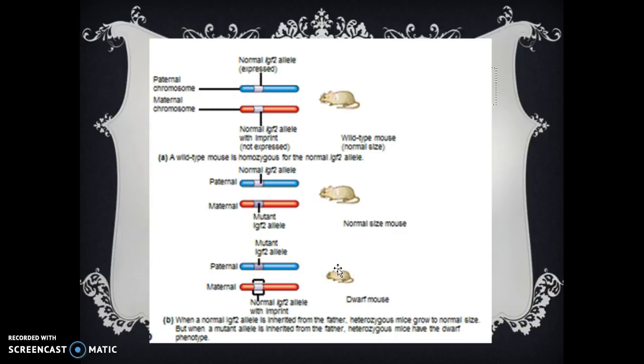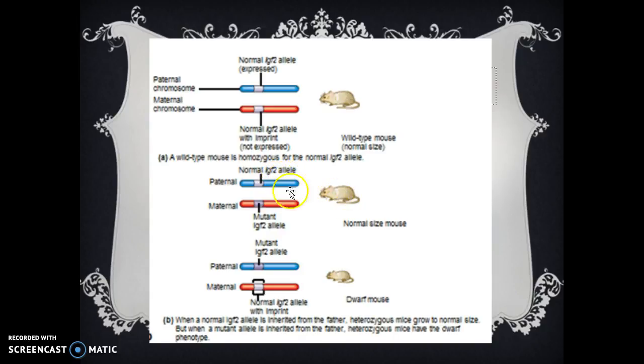So, how could we get a dwarf mouse then? Well, it would ultimately be determined by the dad mouse, because the mom's chromosome would always be silent, so it would be based on the dad. If this happened to be a female, it wouldn't matter if she passed on the mutant allele or the normal allele to her child.